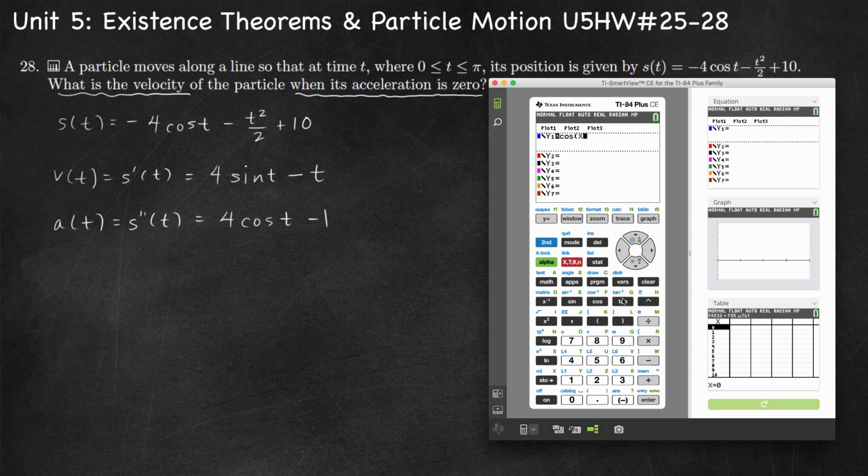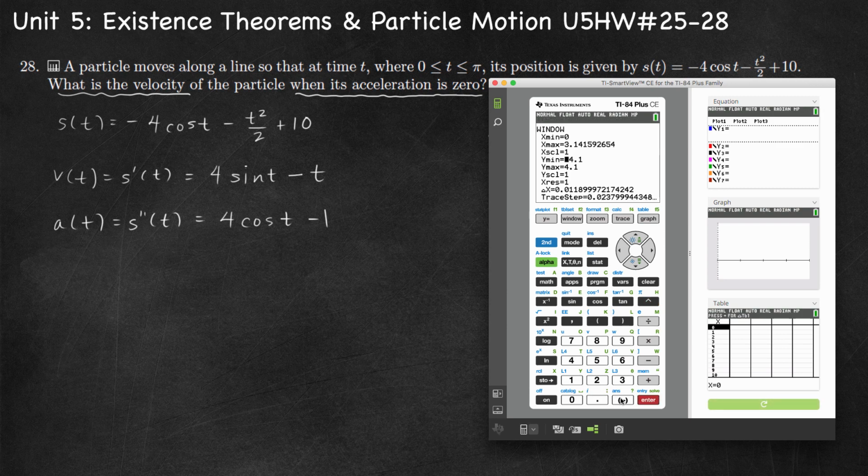All right, so we've got cosine of x and then 1/4, which is 0.25. Oh, that's not what I meant to change. Although we are working on the interval from 0 to pi, so we can make that x min, x max 0 and pi.